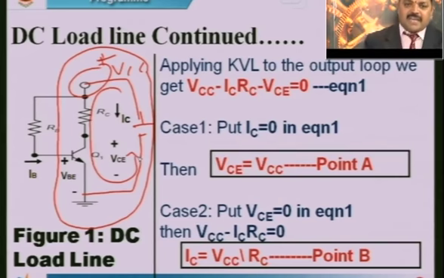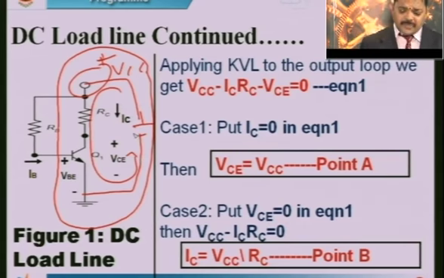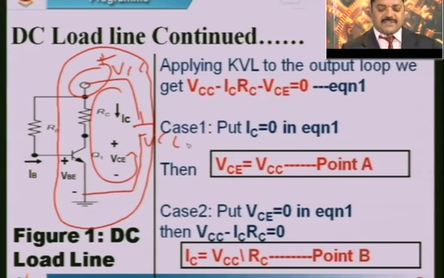Now, applying KVL to this output loop, when we move from minus to plus, let us take it as positive. So, plus VCC, and then what is Kirchhoff's voltage law?